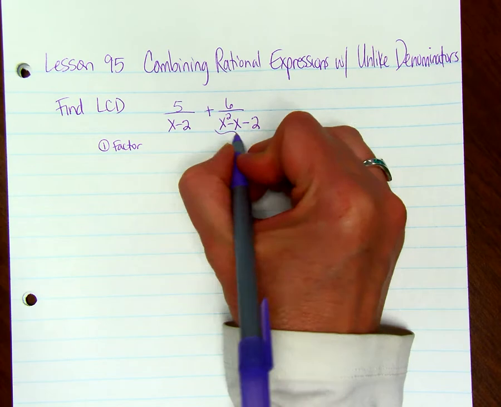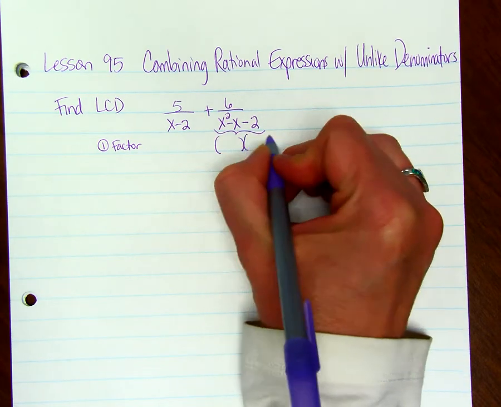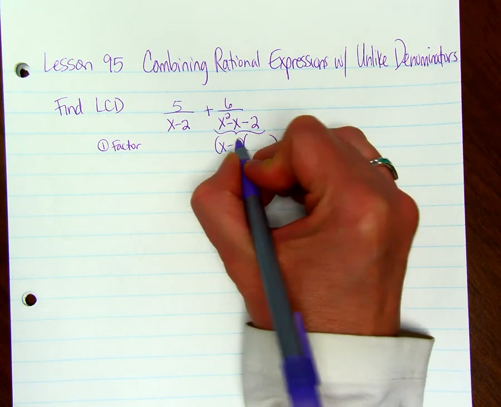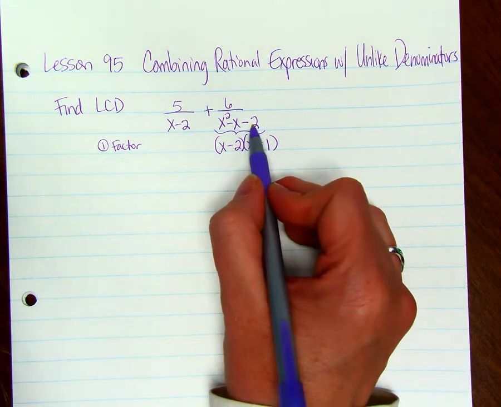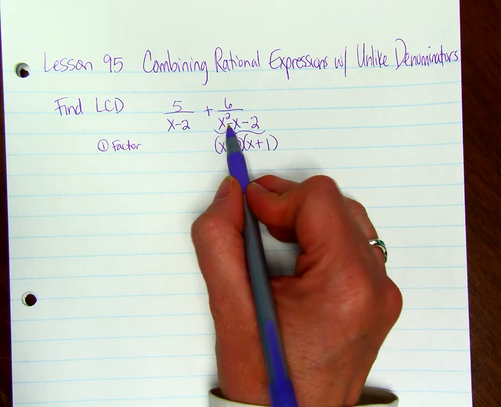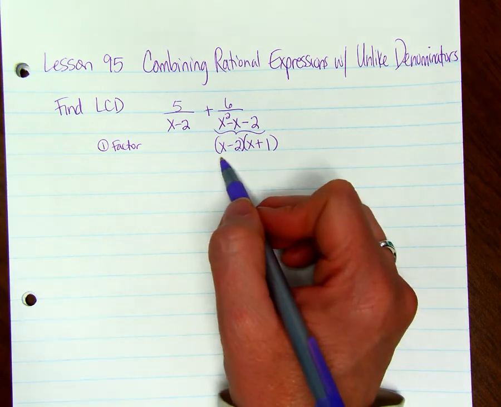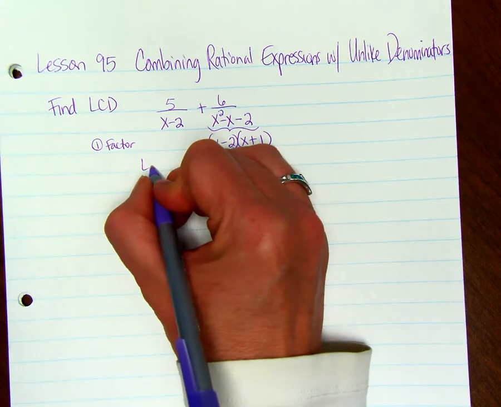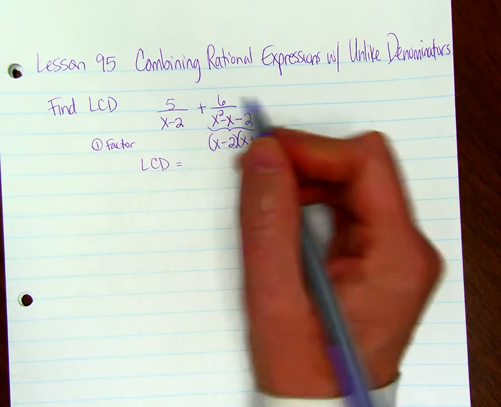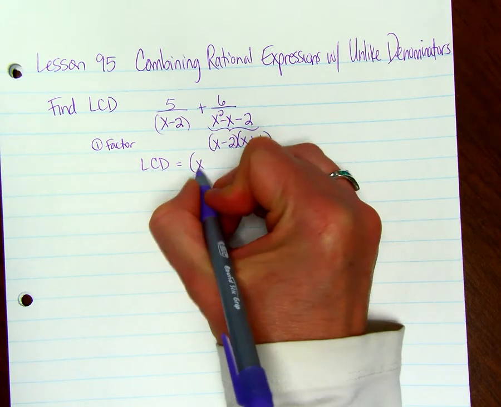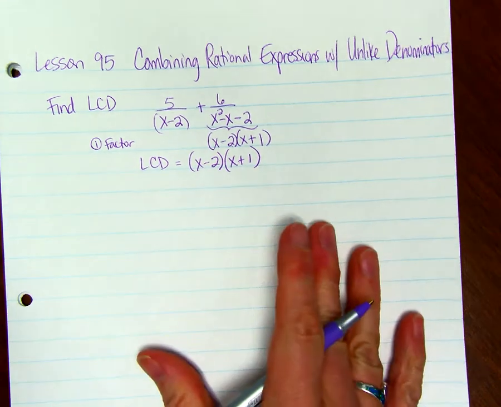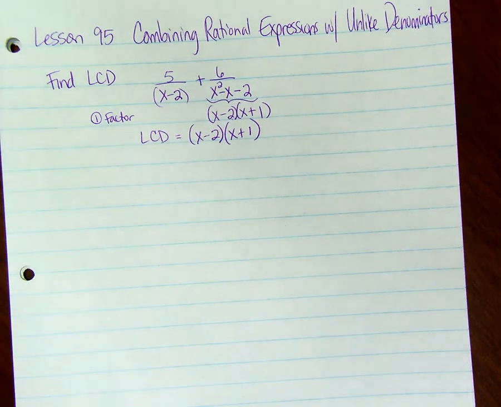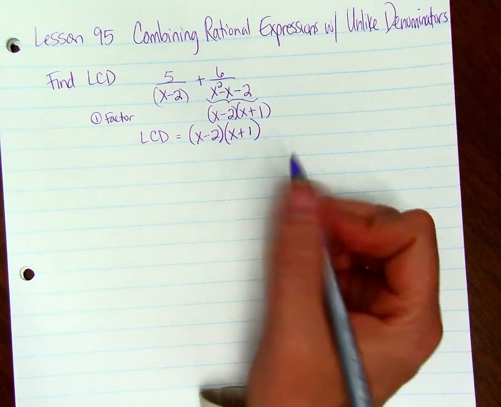I'm going to factor this as (x minus 2)(x plus 1). Negative 2 times 1 is negative 2. Negative 2 plus 1 is negative 1, which would be my middle term. Then for our least common denominator, we want to take 1 x minus 2, and we need 1 x plus 1. So that would be the least common denominator for these fractions.